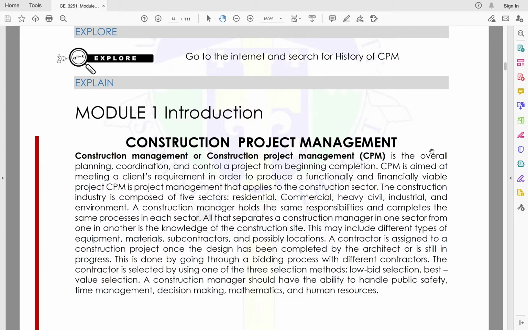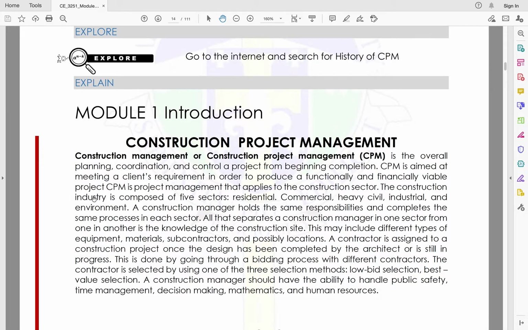I repeat, it is an overall planning, coordination, and control of a project from start to finish. CPM is aimed at meeting a client's requirement in order to produce a functionally and financially viable project. CPM is project management that applies to the construction sector.